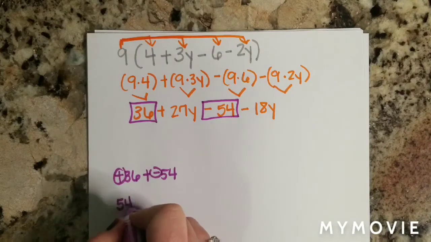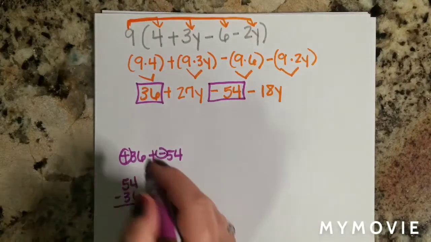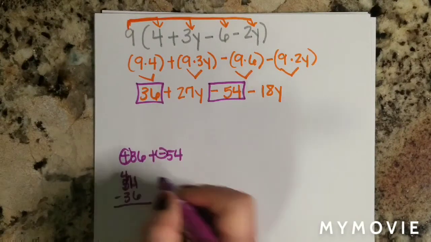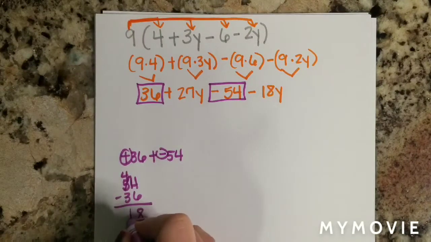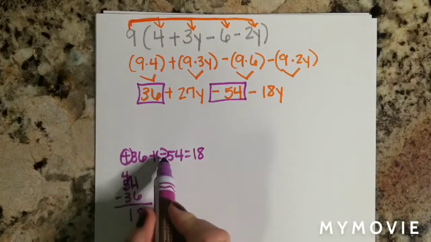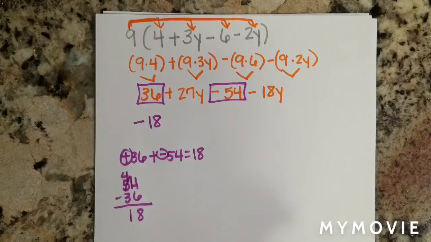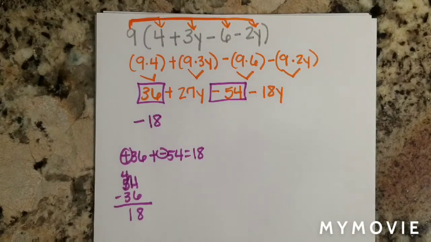So 54 minus 36 gives me 18. And I keep the sign of the largest absolute value, which is negative 18.